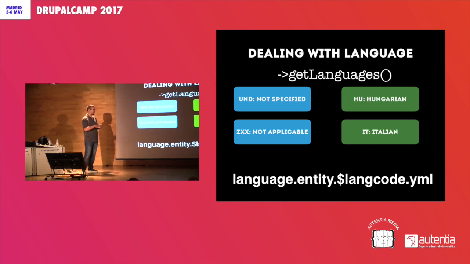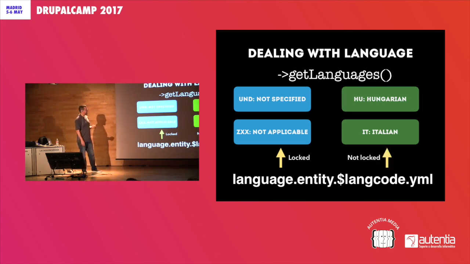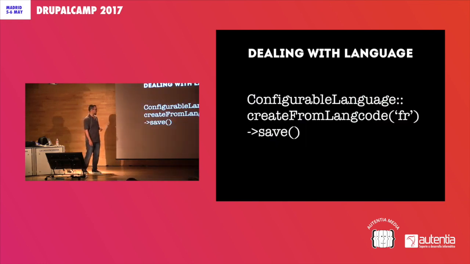If you have a staging environment and a production environment and you are adding new languages to your site, you can perform that in your staging side and then deploy them like any other configuration in your system. And these configurable languages have a property which is locked, which means whether you can edit those languages. So in some interfaces, it won't show the locked languages, since it doesn't make sense. And the languages you add, of course, are not locked.